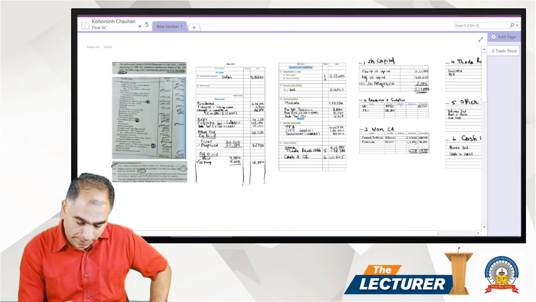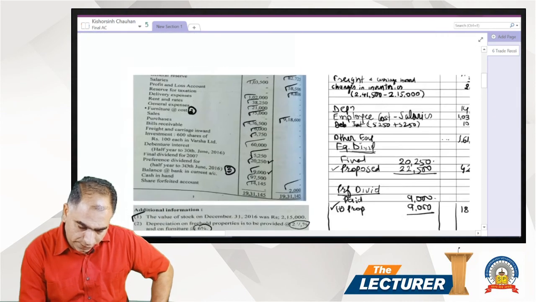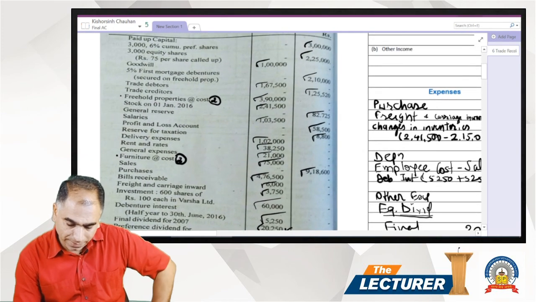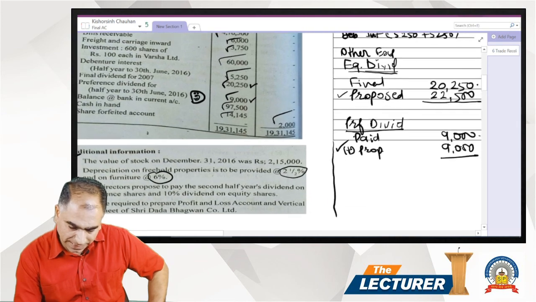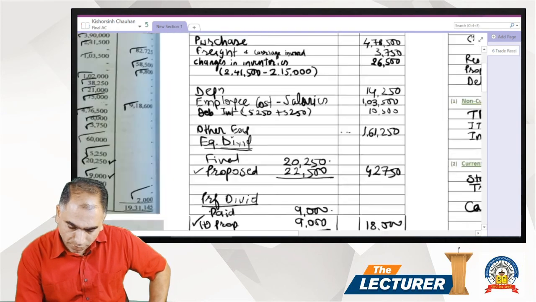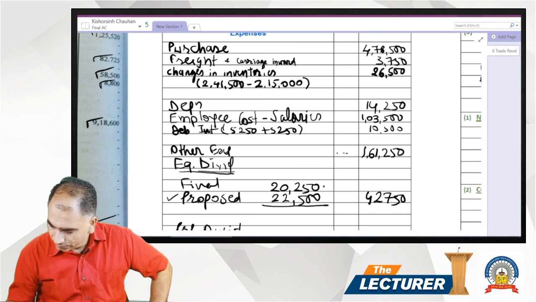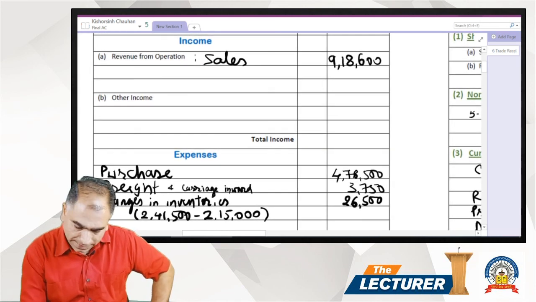So all the items of the trial balance are now considered. If you see, none of the items is pending. One by one we have taken care of all the items from the balance sheet. All adjustments are taken care of. First we have to complete our P&L account. P&L account income total is 9,18,600.